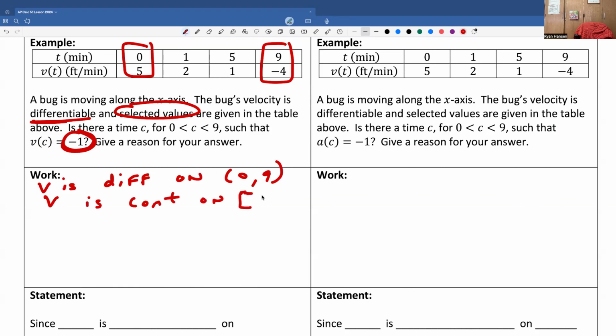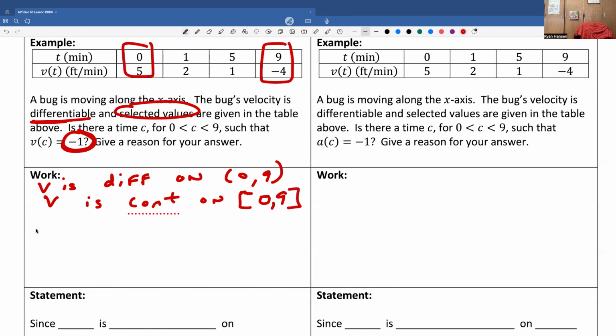You can't take the derivative unless you have continuity on both sides. So if it's differentiable on the open interval, it's continuous on the closed. I know some of this is kind of getting into the weeds. It's not enough to ruin your day.